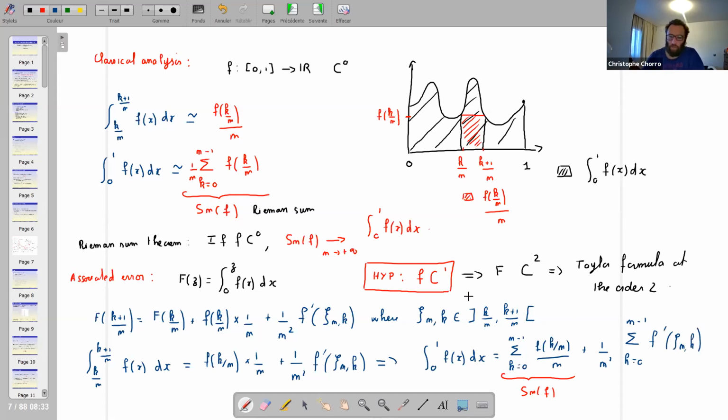So I have a way to express the error that I am interested in, that is the difference between the true value and the approximated one. Let's continue with this.